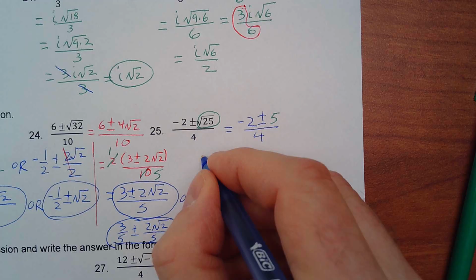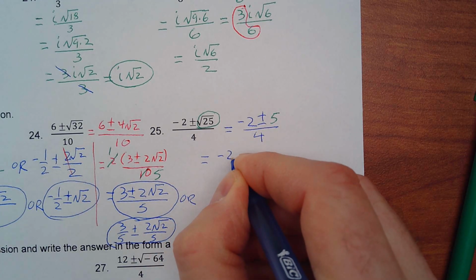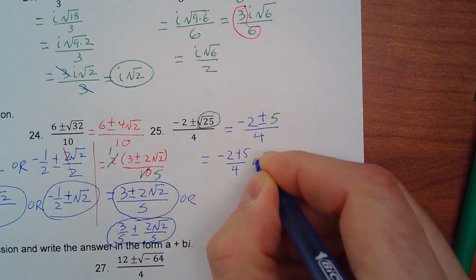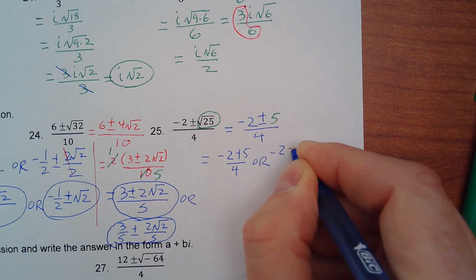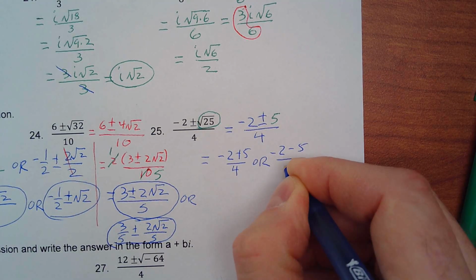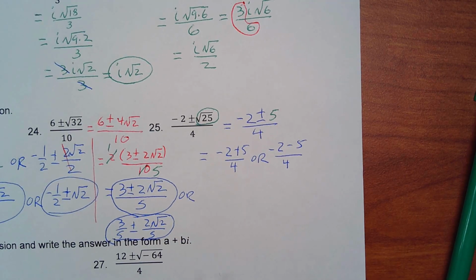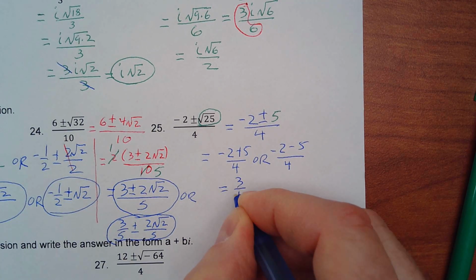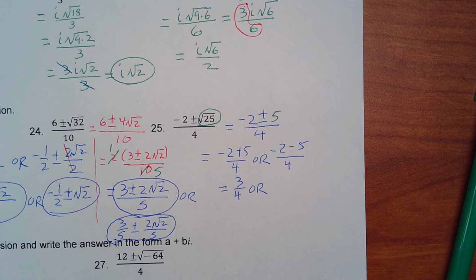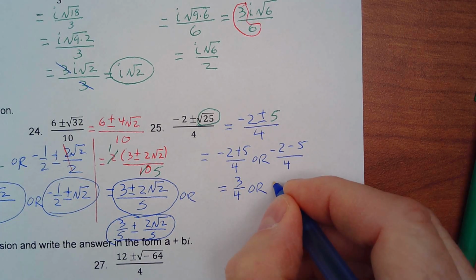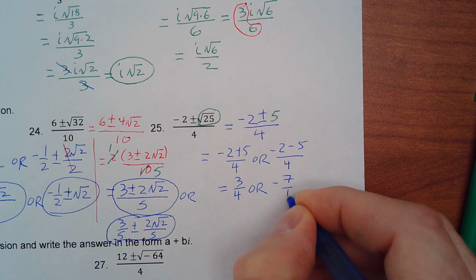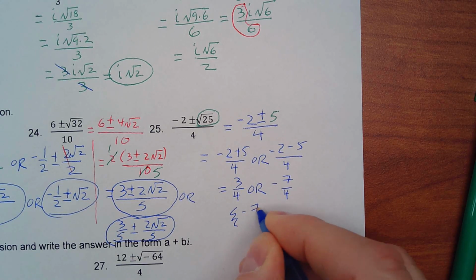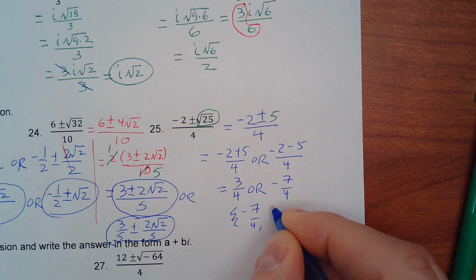So remember, this means that we have negative 2 plus 5 over 4 or negative 2 minus 5 over 4. Well, this would give me a positive 3/4, and this would give me a negative 7/4. So I actually have two answers here, negative 7/4 and 3/4.